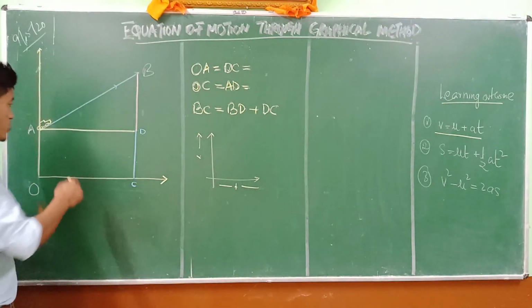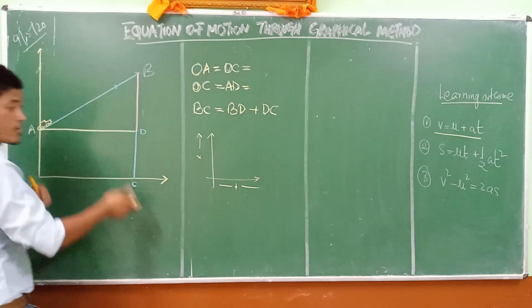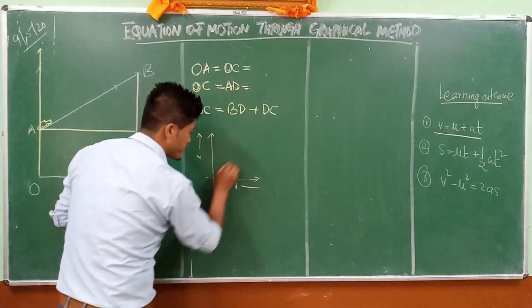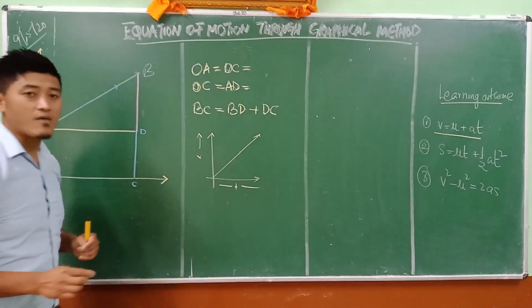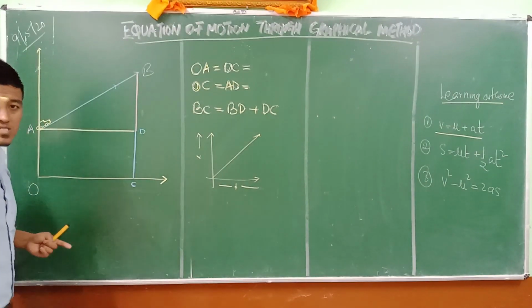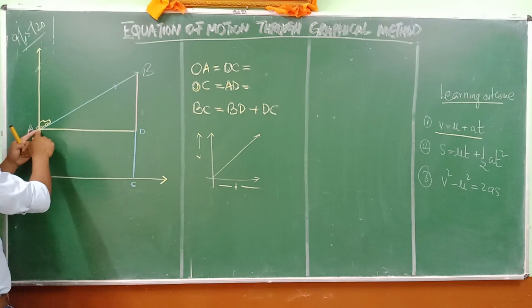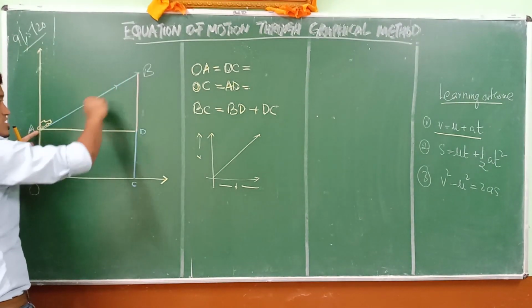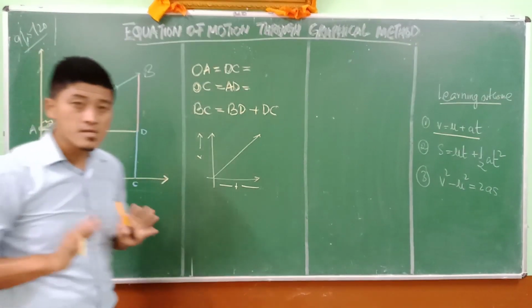Now in this case, you see a straight kind of graph here. This straight graph is what we used to call uniform acceleration. So you can somehow understand that from this point A to B, there is a uniform acceleration.